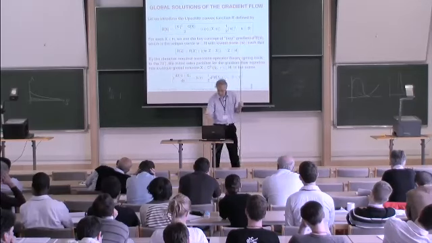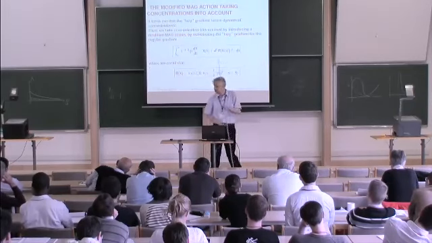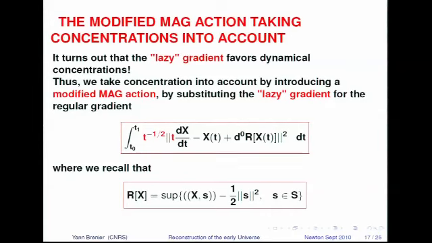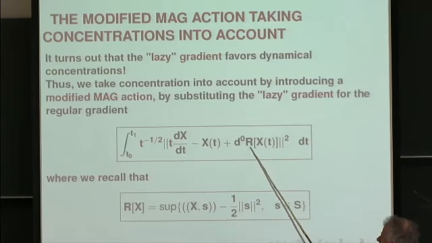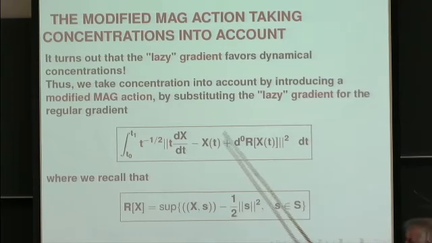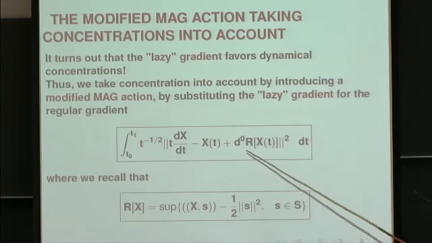But actually, thanks to this theory, we can do that, because the proposal is to use the modified action. When you have concentration, this is not the same as before, where you input the lazy gradient of the convex component of the potential. So this is the proposal. This is a new formula.